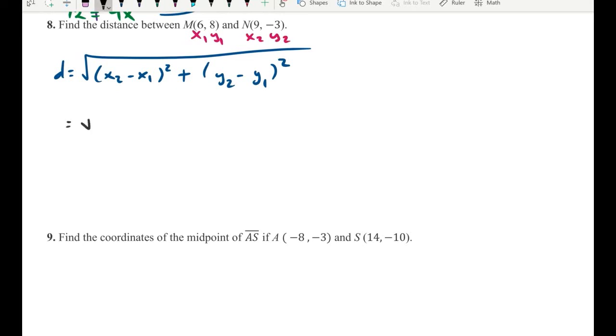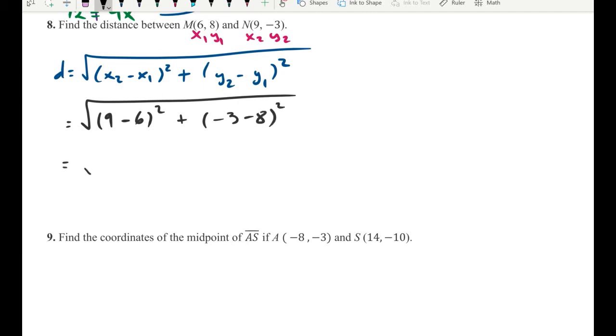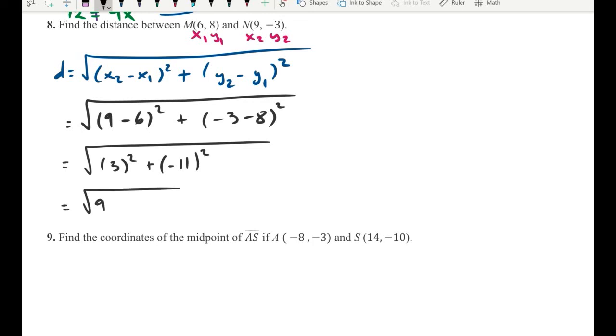We're going to plug it in. x2 is 9 minus x1 is 6, squared, plus y2 is negative 3 minus 8, squared. So 9 minus 6 gives me 3 squared. And negative 3 minus 8 is negative 11 squared. 3 squared is 9, 11 squared is 121. So when you add them up, it's the square root of 130.